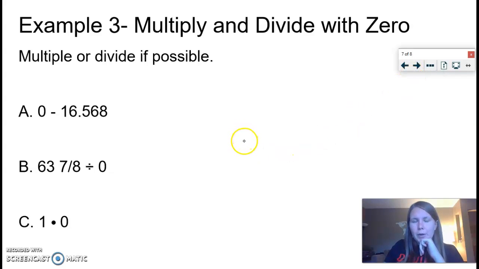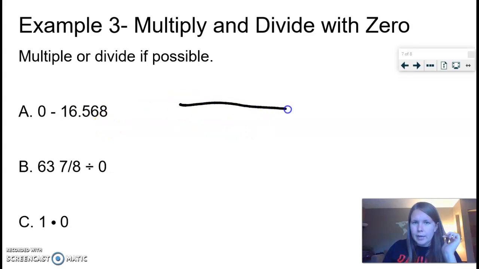All right, so let's talk about multiplying and dividing by 0. Let's take a look at some of these. If I have 0 minus 16.568, well, if we think about our integer rules and a number line, we always start at 0, and then we go to whatever that first number is.